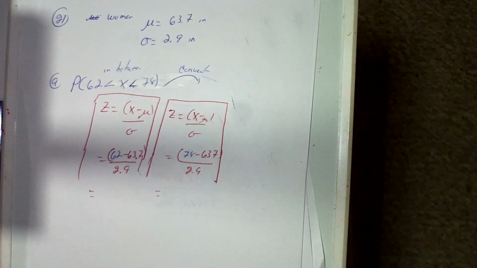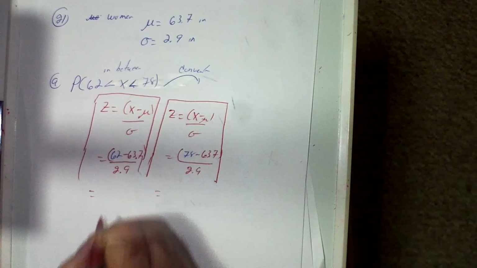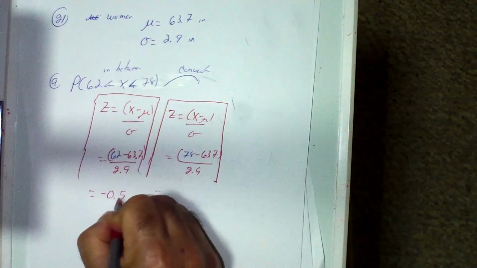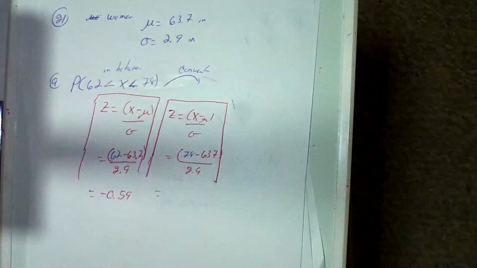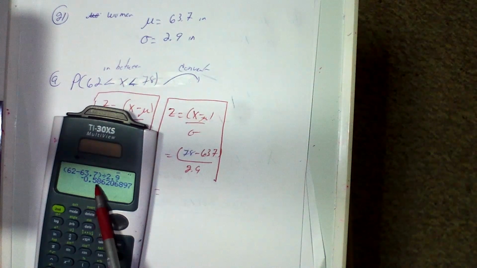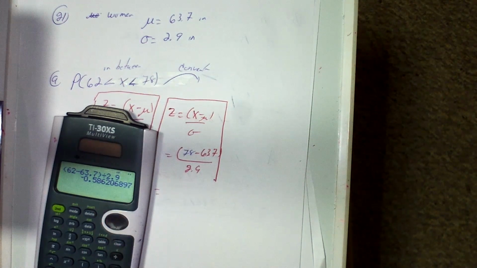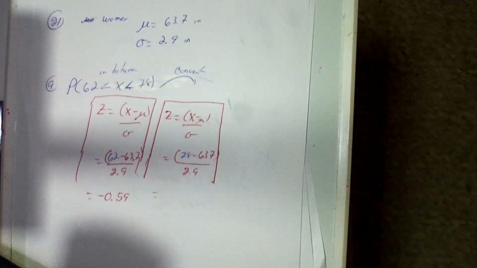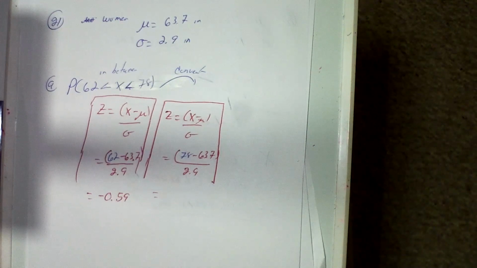Okay, so I end up getting negative 0.59. There is a 6 after the 8, so that's going to change that 8 to a 9, because I want to have two numbers behind the decimal. That's why I have negative 0.59.